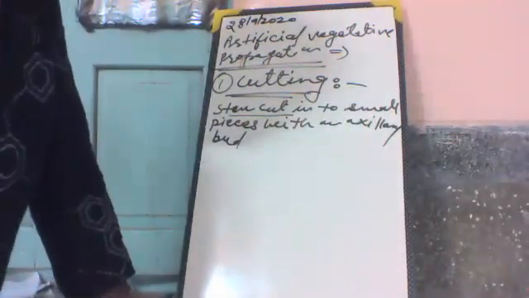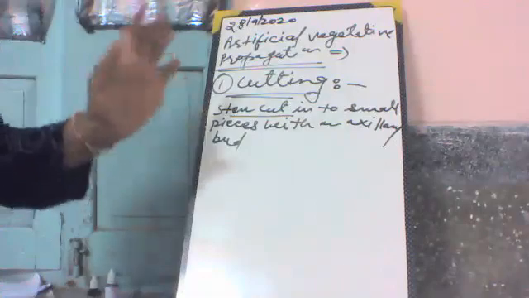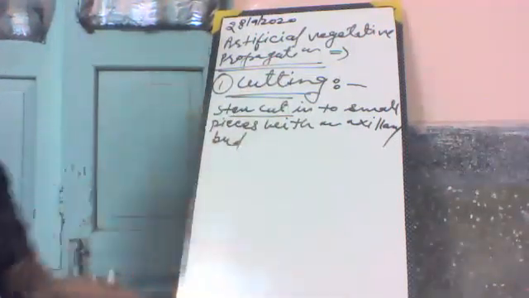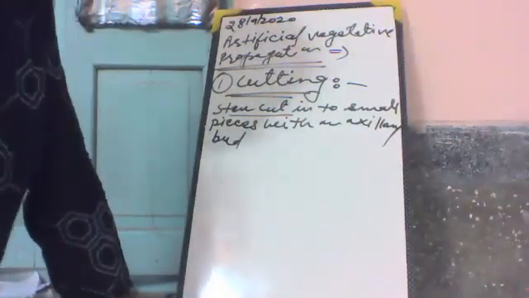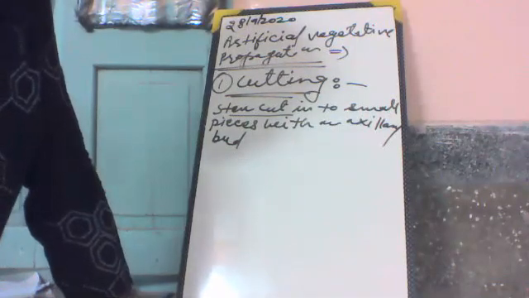After a few days they strike roots and grow into new plants. Whenever they get favorable conditions, and we sprinkle water and they get all the required things to grow, they grow into roots, shoots, and a new plant.